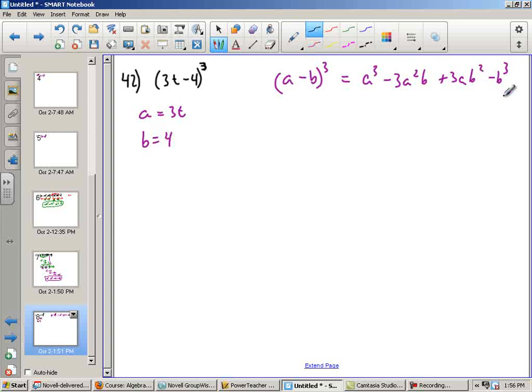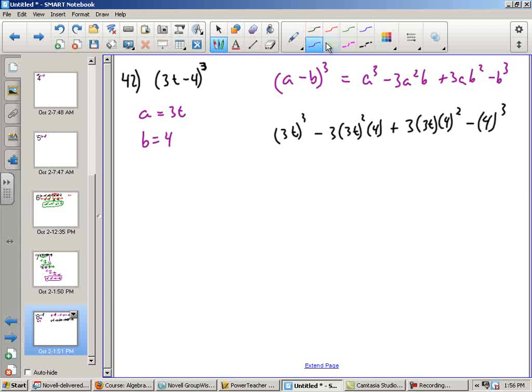Now if I just go through the process of plugging them into the right hand side of this equation, I get 3t cubed minus 3 times 3t squared times 4. And I keep going, I get plus 3 times 3t times 4 squared minus 4 to the third.